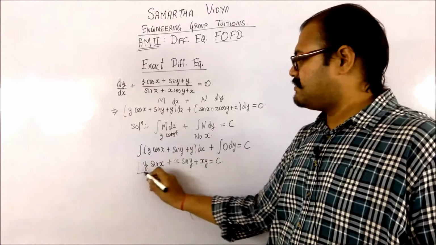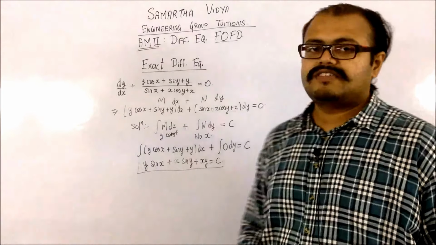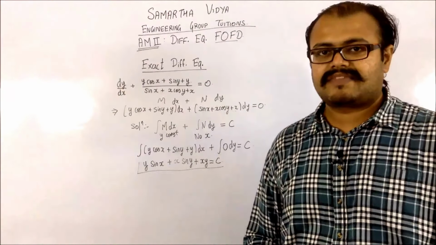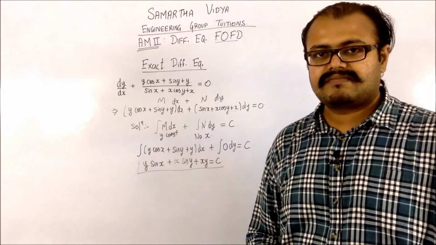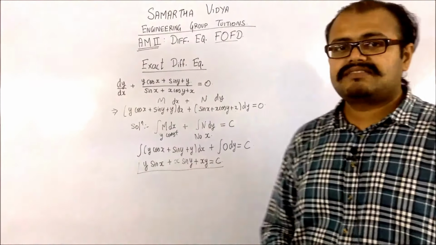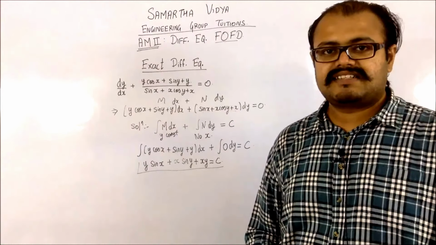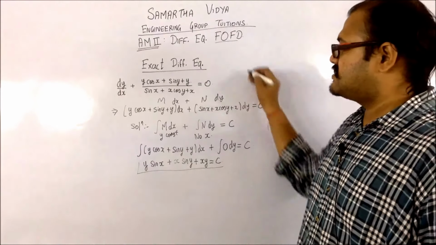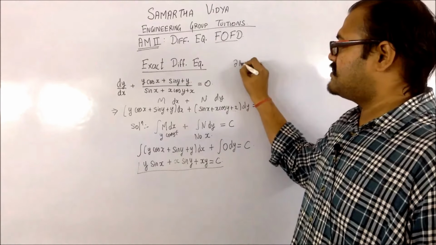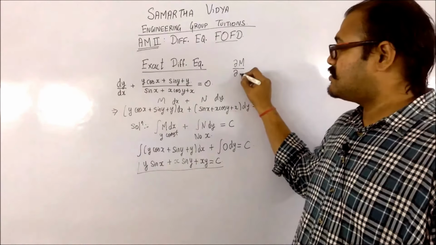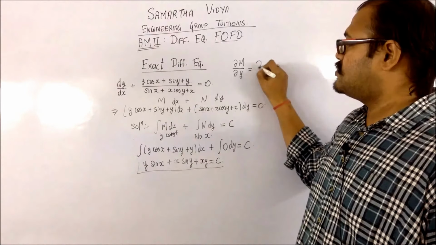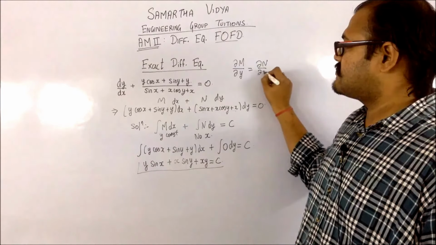So this is nothing but the solution of your differential equation. So this is how you will be solving your exact differential equations. In this, you have to just remember two things: the differential equation will be exact only when you have the condition dou m by dou y is equal to dou n by dou x.